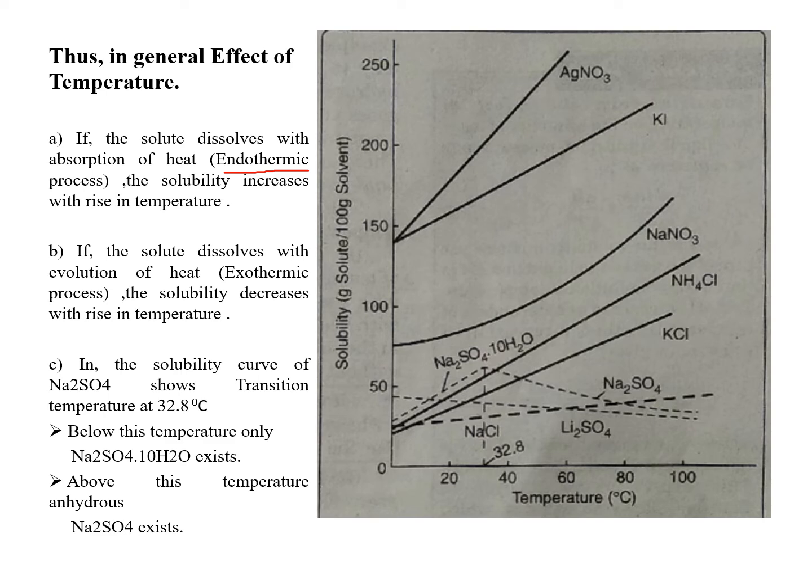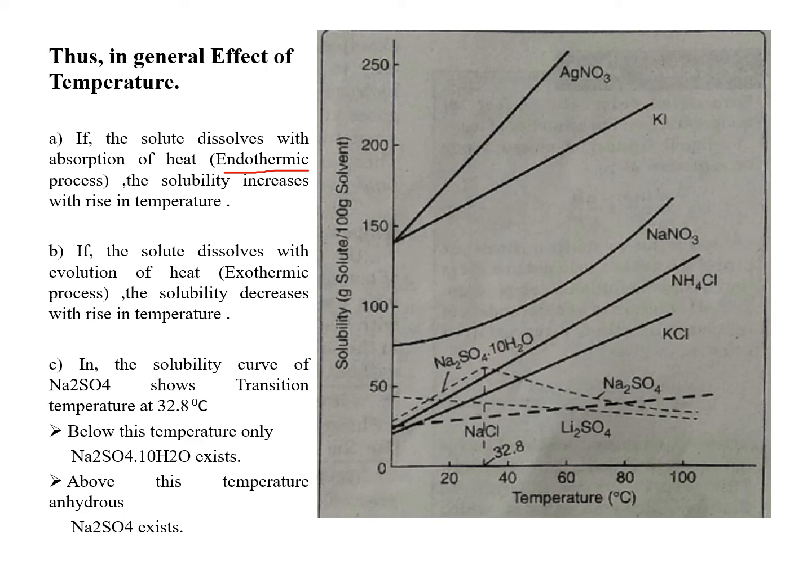On increasing temperature, the solubility of AgNO3 and KI increases because their dissolution is endothermic in nature. The solubility of ammonium chloride and potassium chloride also increases on increasing the temperature because their dissolution process is endothermic in nature.